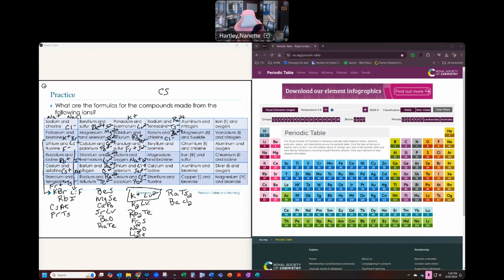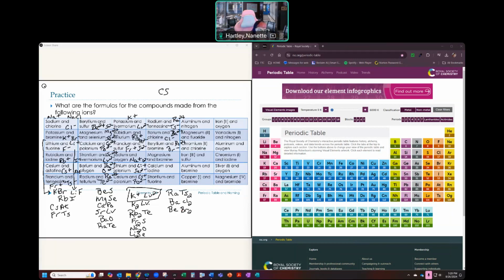And we want beryllium, and beryllium is Be2+ from there. And then we want bromine. And we had bromine right here. He's Br-. So again, we write our Be, he's a 2+. We write our Br, who's a 1-. So we need 2 of those to make that even.